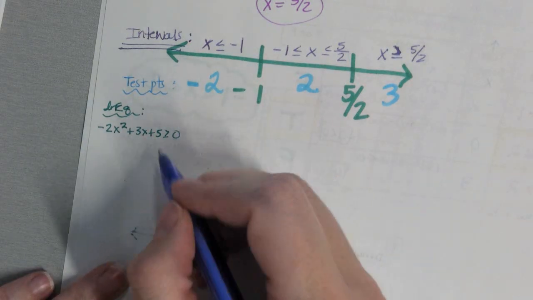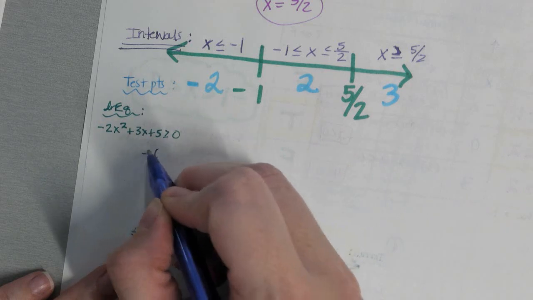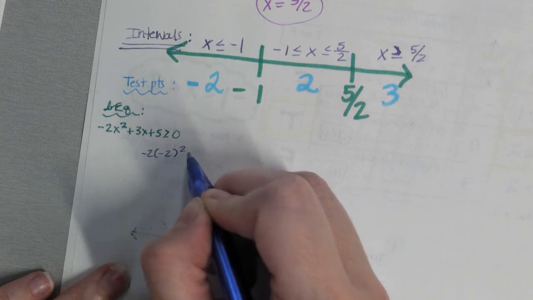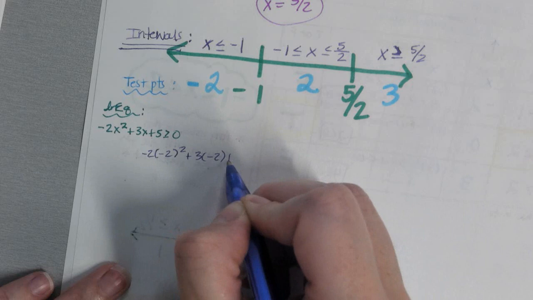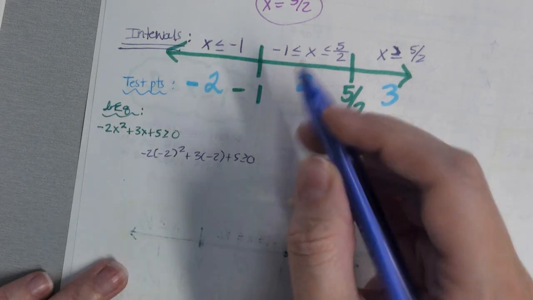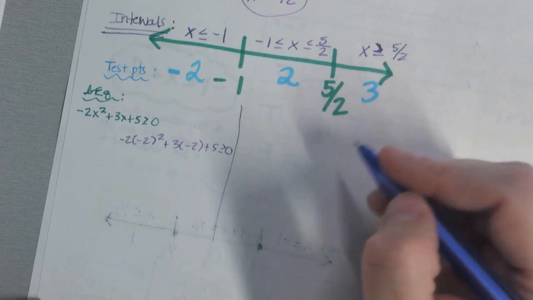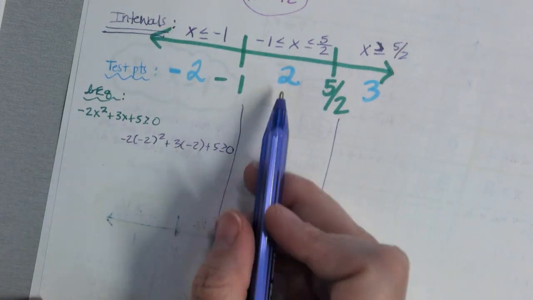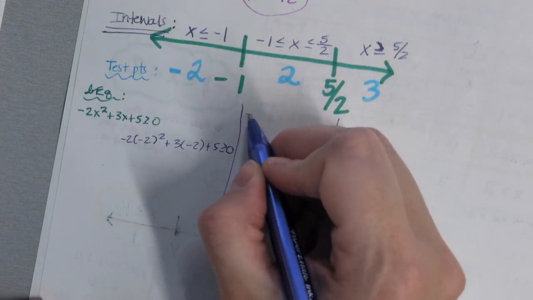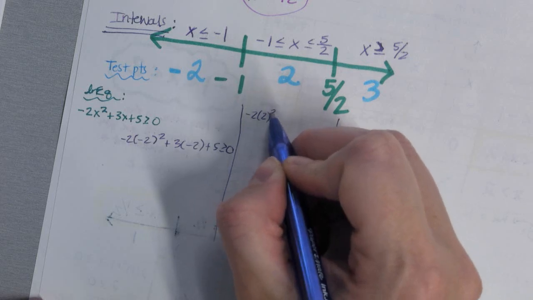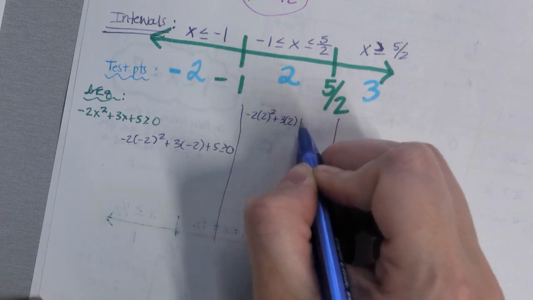For -2, if I plug this in, it's -2 squared plus 3 times -2 plus 5, greater than or equal to 0. I'm just going to find that and see what happens. I do the same thing with 2, so -2 squared plus 3 times 2 plus 5.